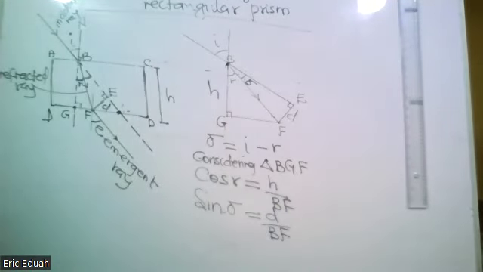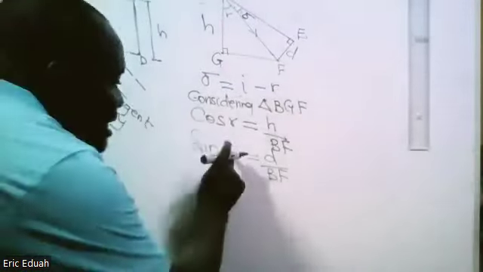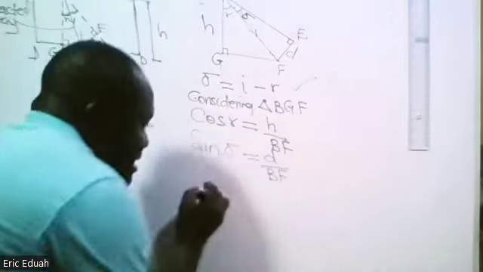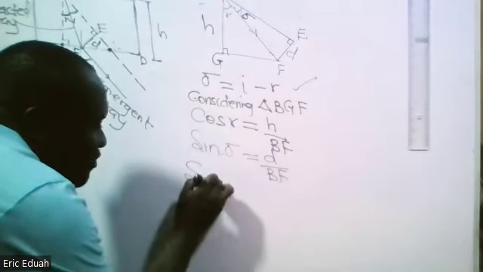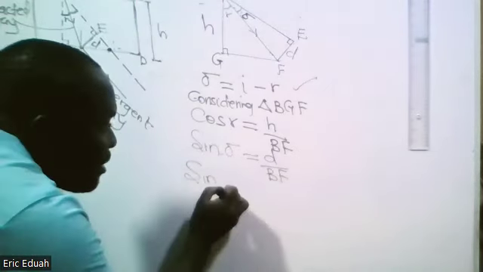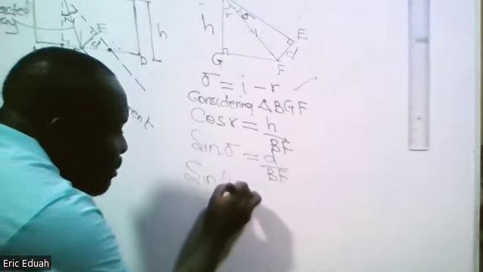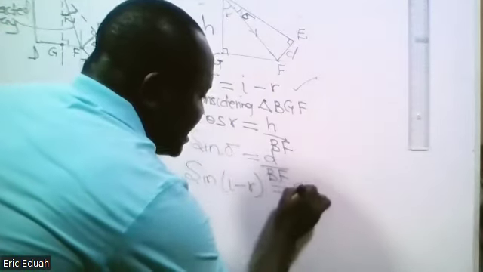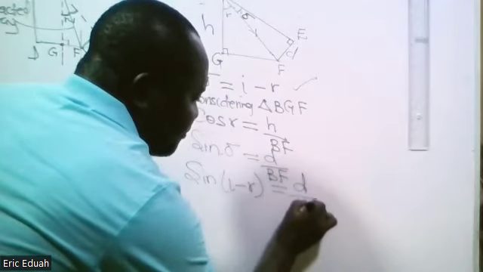Now, this sigma is I minus R, so sine of I minus R is equal to D over BF.